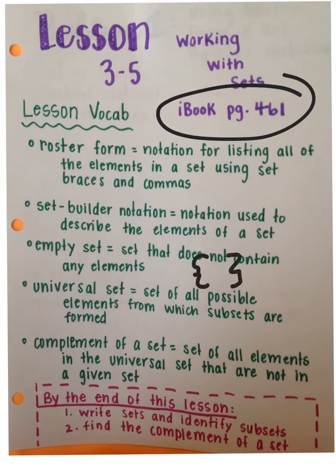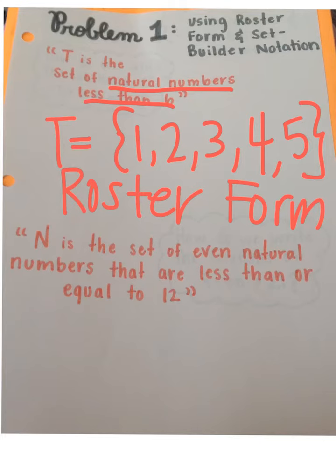All right, let's look at the next one. It says N is the set of even natural numbers that are less than or equal to 12. So this one I want to focus on practicing our set builder notation.